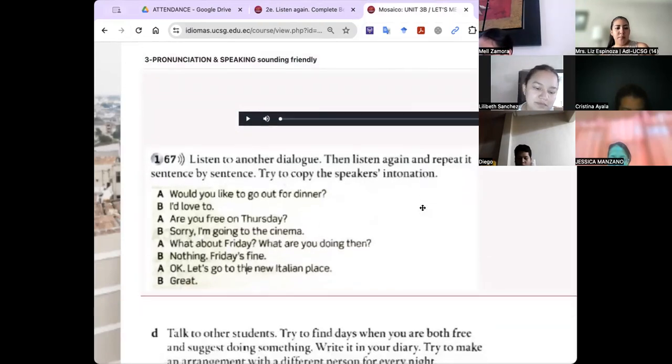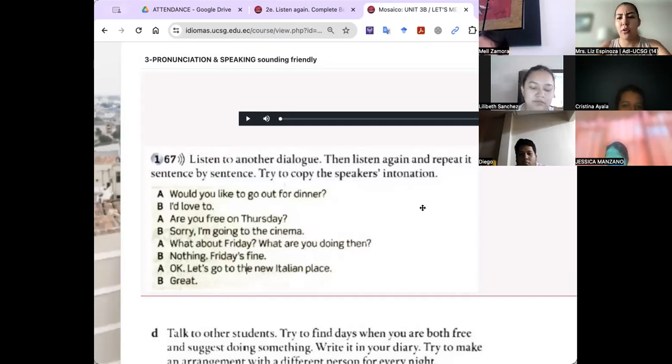Okay, so it says, we have pronunciation and speaking, sounding friendly. Remember that the idea here, now that you are in the middle of the modules, is that you practice more and more the way you speak English, right? To know when to do the emphasis, when to join the sounds, when to increase your intonation. In this case, how to sound friendly, right? Not to sound like you are angry and reading.